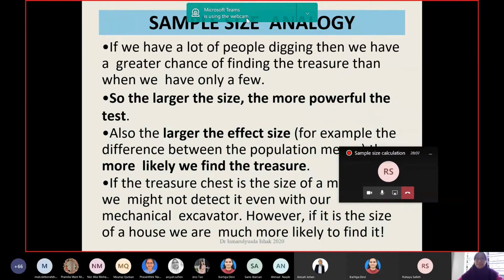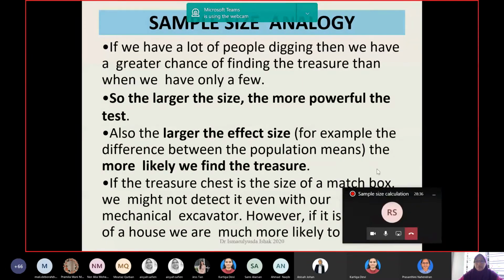Now about the sample size analogy. If we have a lot of people digging, then we have a greater chance of finding the treasure than when we have only a few. Just imagine you ask 1,000 people searching, compared to only 2 people searching. So the larger the sample size, the more powerful the test. Also, the larger the effect size, for example the difference between the population means, the more likely we find the treasure.